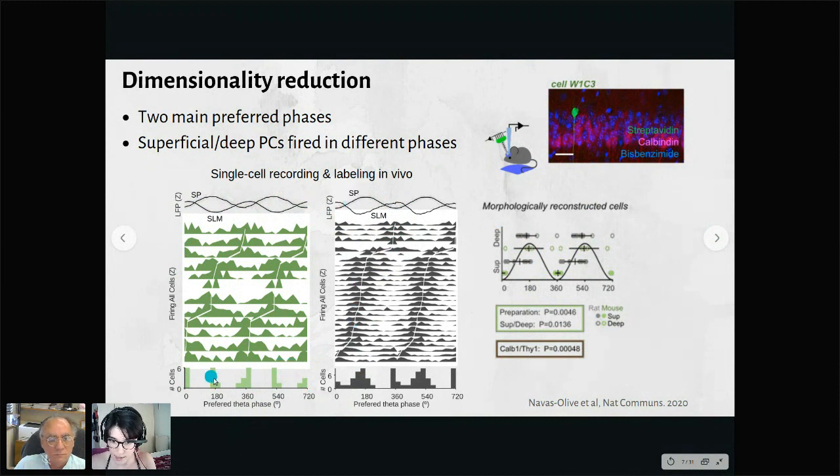Here you can see the histogram of the preferred theta phases that are described with these white lines, and they are bimodal. A statistical analysis revealed that they were also separated by cell-type specificity. So in the peak there were deep cells, and in the trough there were superficial cells.